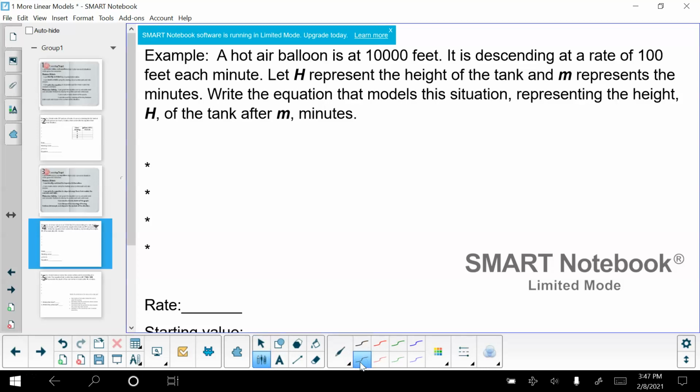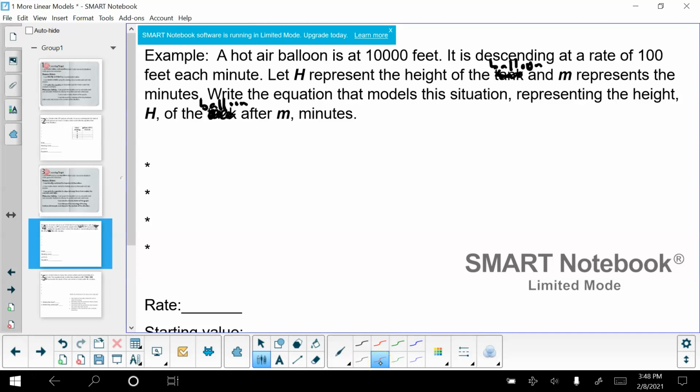It should say the height of the balloon. And M represents minutes. Write the equation that models this situation representing the height of the balloon after M minutes.